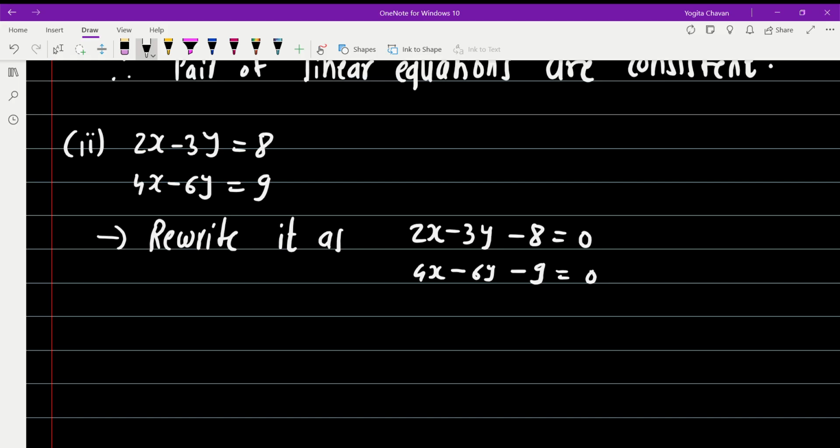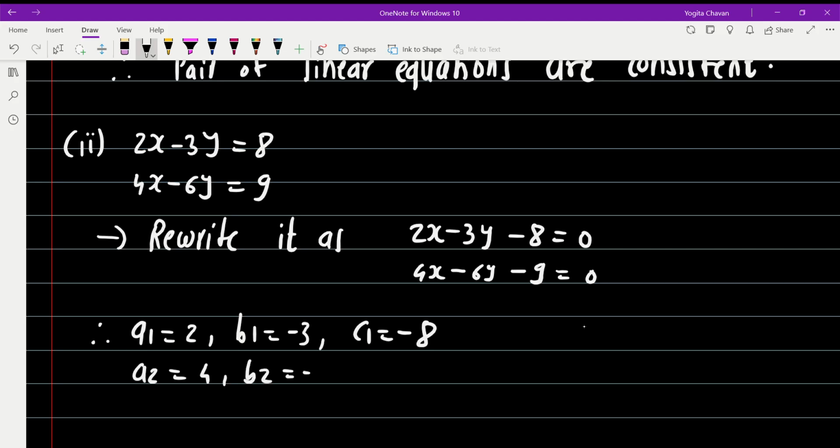Now again comparing these two lines with a1x plus b1y plus c1 equal to 0, and a2x plus b2y plus c2 equal to 0. Therefore, what is value of a1? a1 is equal to 2, b1 is equal to minus 3, and c1 is equal to minus 8. Similarly, a2 is equal to 4, b2 is equal to minus 6, and c2 is equal to minus 9.